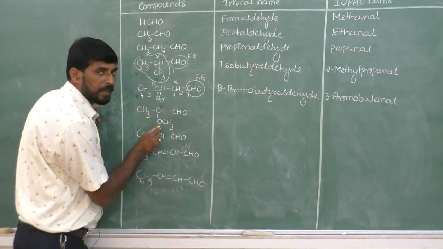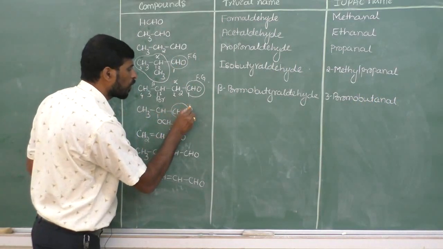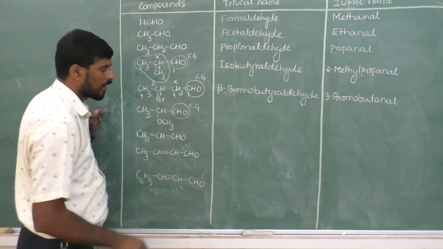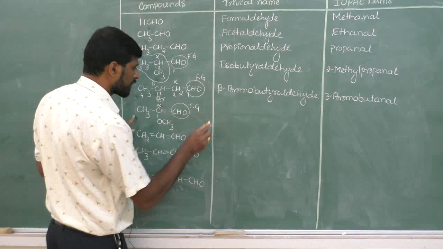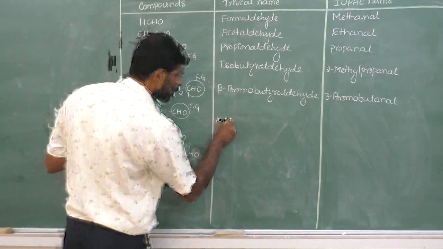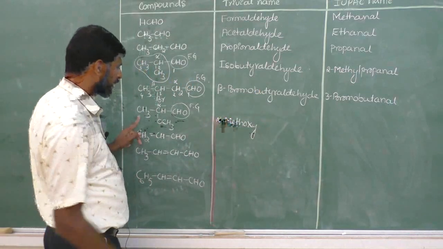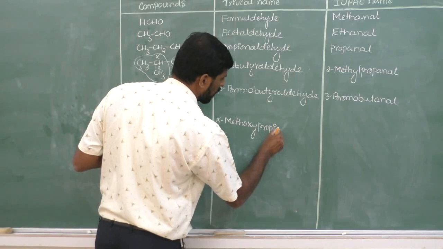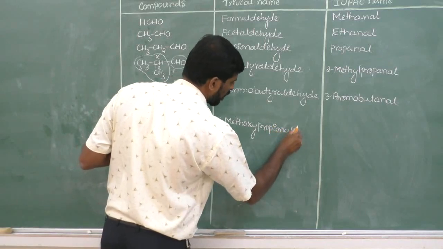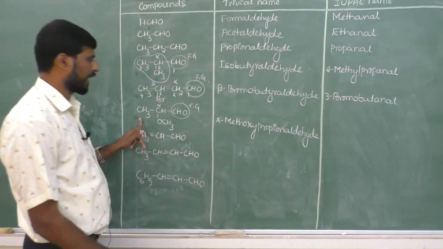Next, come to this. This group is a methoxy group, and this is a functional group, and this carbon atom is alpha. Therefore, this is alpha-methoxypropionaldehyde.